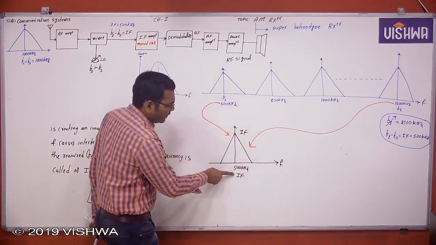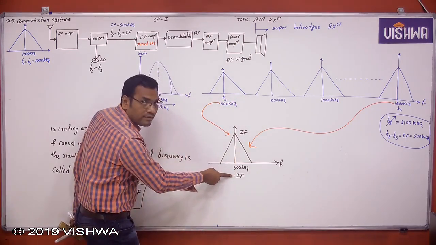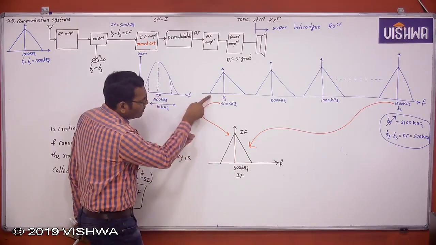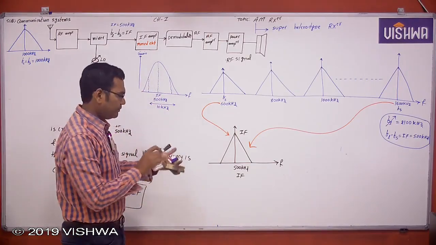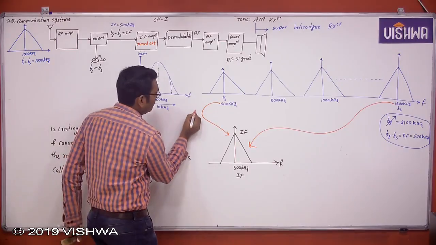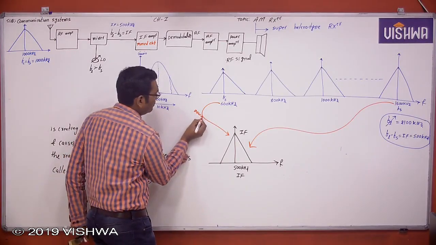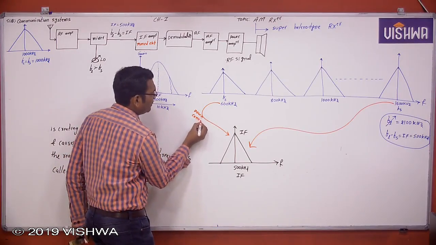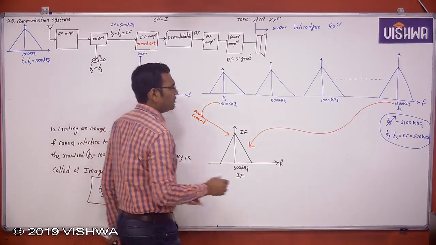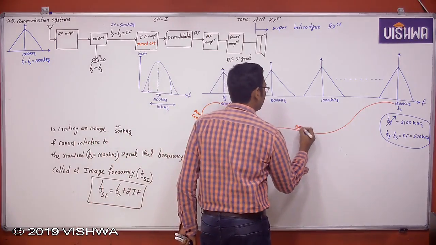Now this is 500 kilohertz. This is down converted to IF, which is 500 kilohertz. This is also down converted to IF. This is down converted to IF. This is also down converted.